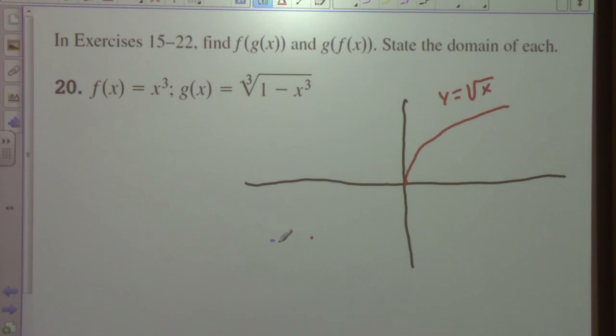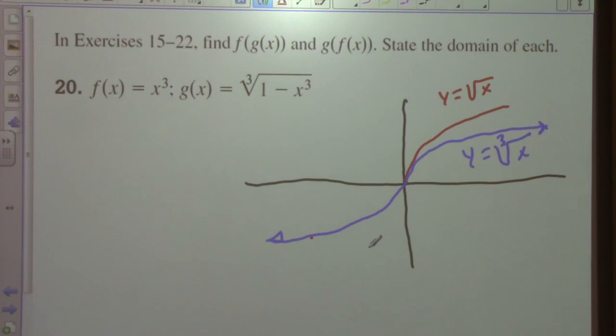Here's the cube root function, y equals cube root of x. Do you see that there aren't any restrictions to this blue one, but there are to this one, and so therefore there are no restrictions. If there are no restrictions, it makes the thing pretty easy.